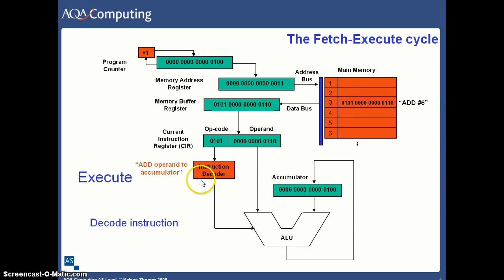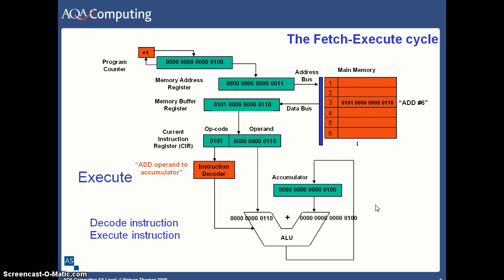So within this example, it works out that add operand to the accumulator. 0101 is add. The operand is the number 6, and we've got that here. So it's going to add 6 to the accumulator. The accumulator has currently got 4 in there, so we're going to execute that instruction.